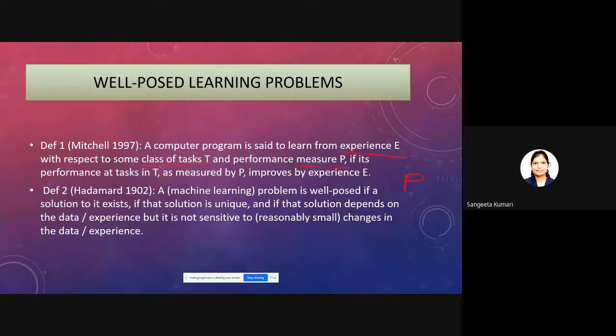As we have made a program in machine learning and the machine has started learning, after some time, when there is more experience, this performance P should increase over time. This is important to understand. If it is happening, then we can say that this is a well posed learning problem.